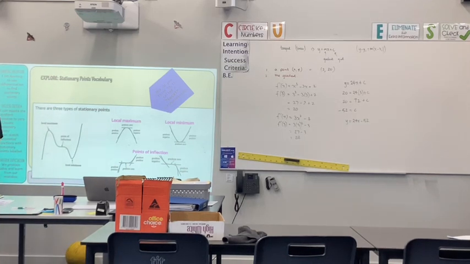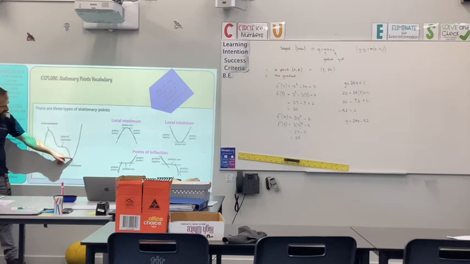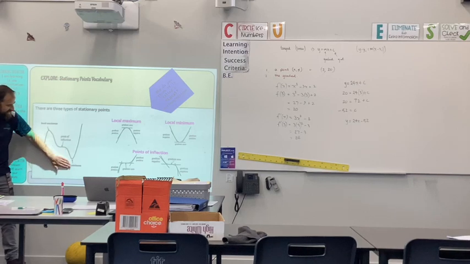Does anyone want to tell me why you think it is called a local maximum and a local minimum? Say it a bit louder, please, Toby. It's not the maximum or the minimum of the whole graph. So if we looked at this whole graph here, this point here is the minimum in this area.